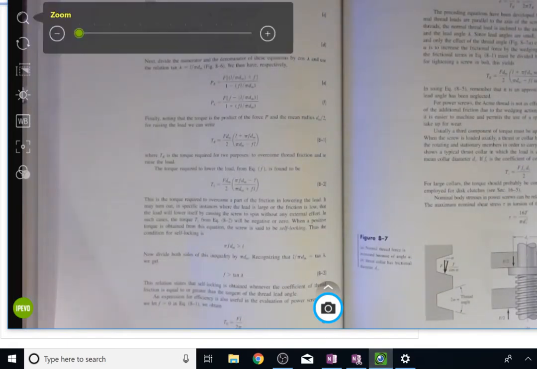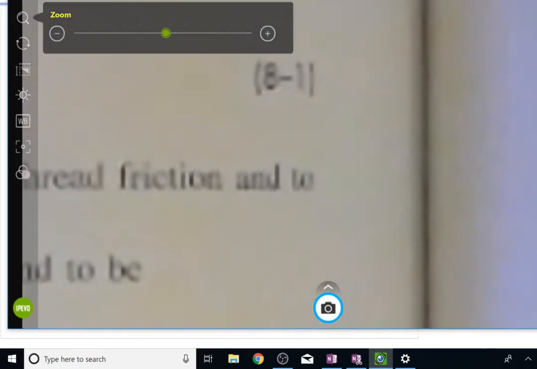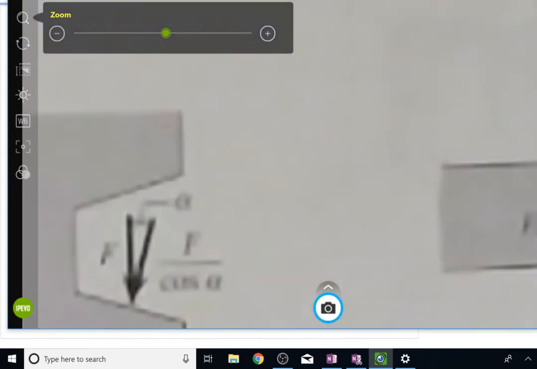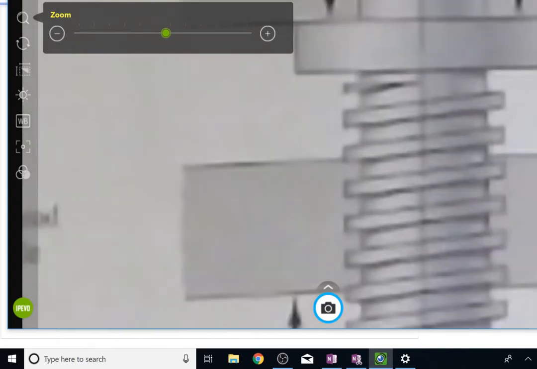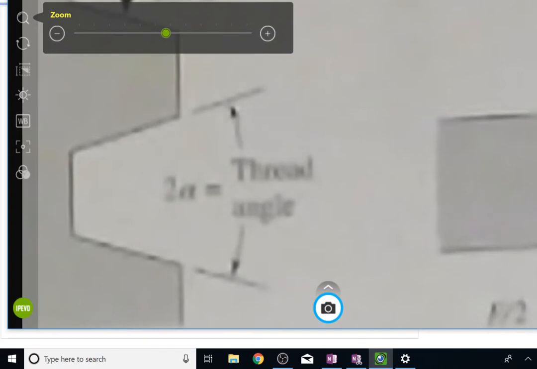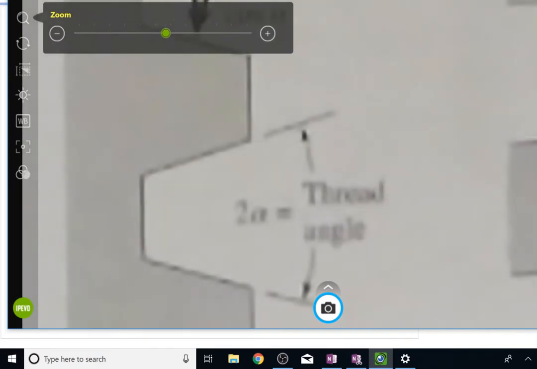Let's zoom in. Zooming in on the book here, 2 alpha. This is an Acme thread shown on the left-hand side. 2 alpha is the angle created by two adjacent threads, so alpha would be 1/2 that angle.